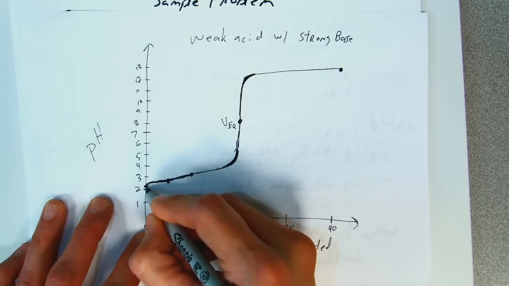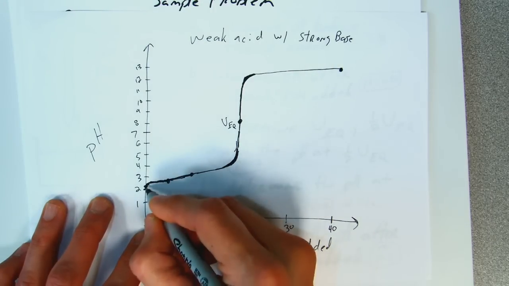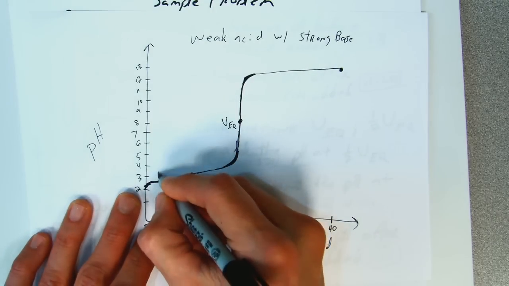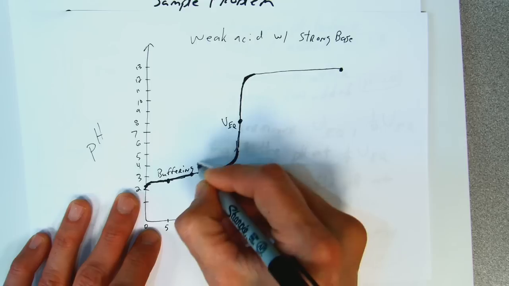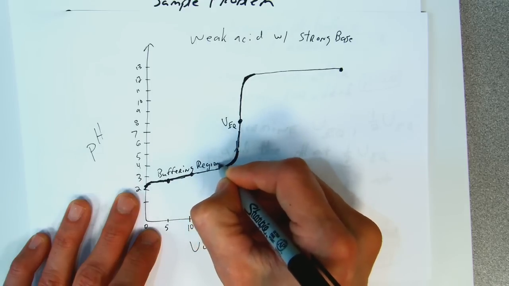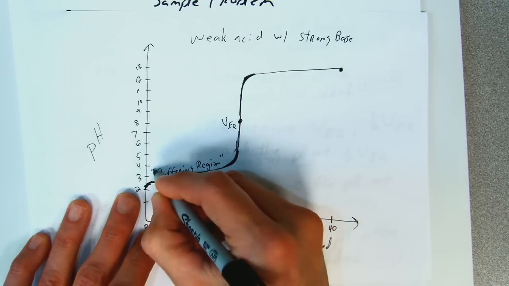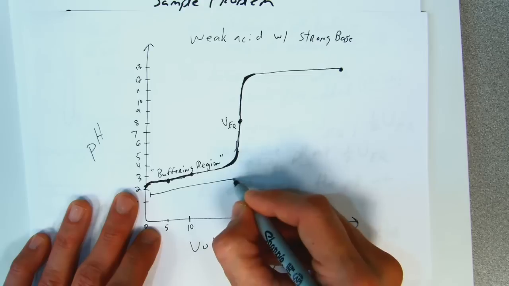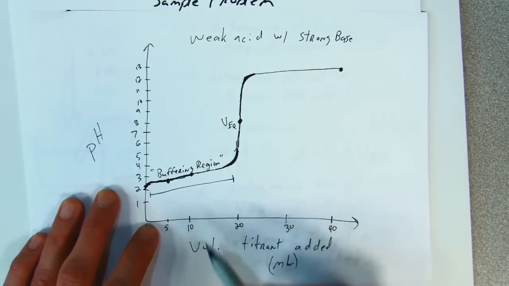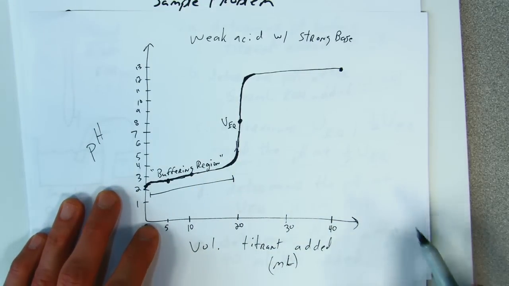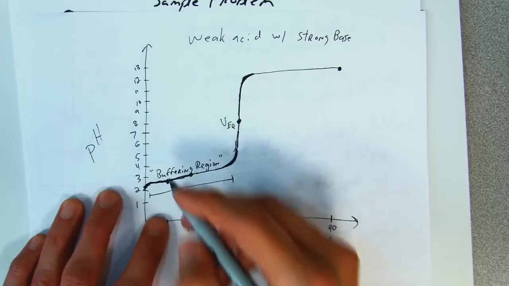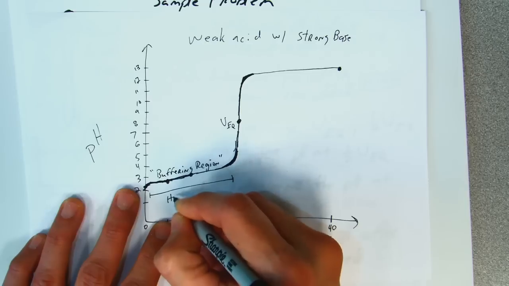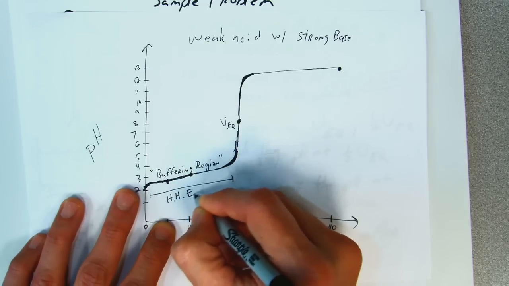And then again, here at the beginning, we have this little inflection up into this so-called buffering region of our curve, that's in through here before the equivalence point, but after some of the titrant has been added. And that's because a buffer exists in solution in this region. So in this region of the curve, we can always use our HH equation to solve for pH.